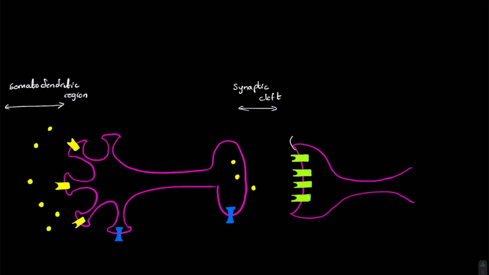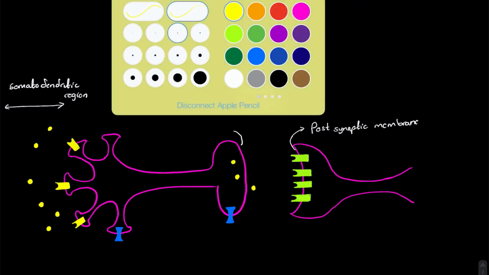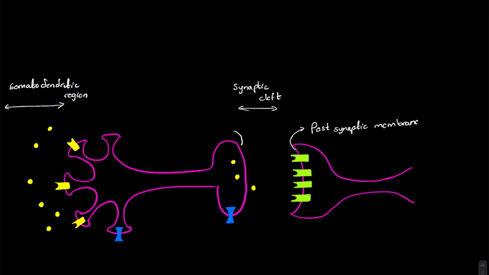Over here we have the post-synaptic membrane, and likewise this is the presynaptic membrane. I'm going to label that. The yellow dot in itself is 5-HT, or serotonin. This is the 5-HT1A autoreceptor.